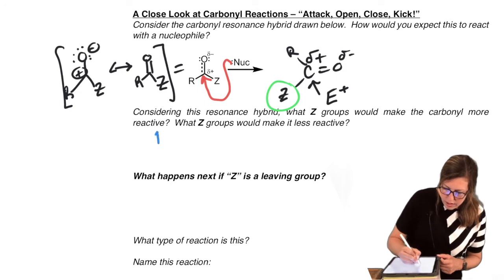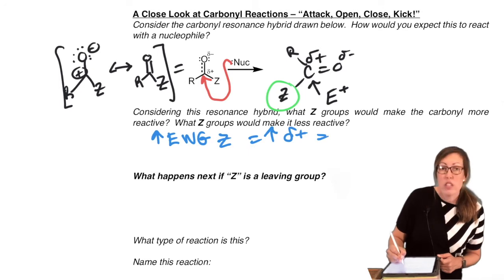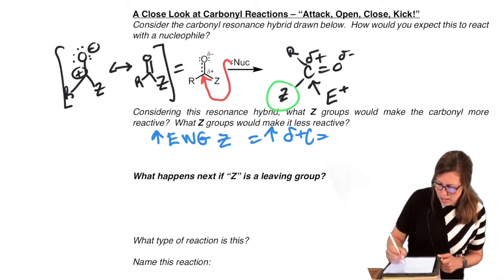So let's summarize that. If you increase the electron withdrawing ability of Z, that increases the delta plus on the carbon, which increases its reactivity.